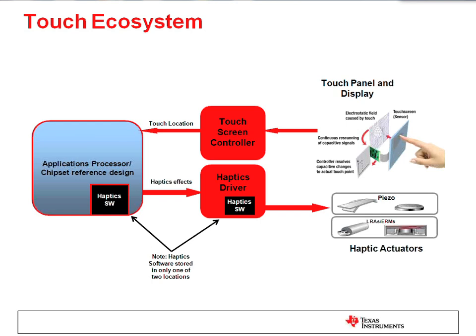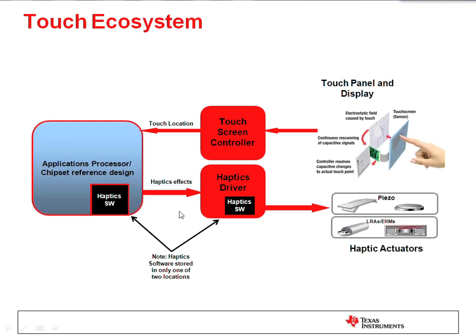In terms of an ecosystem, this is usually what we look at. You start out with some sort of touch panel or display, where a touch event occurs, which is then detected by the touchscreen controller, which transmits that information to the applications processor or microcontroller of the system. Then if haptics is involved, that apps processor decides what haptic effect is the correct one, and transmits that information to the haptic driver.